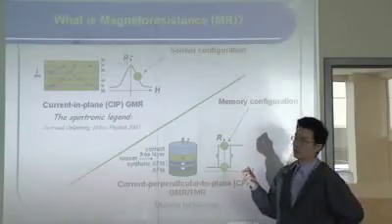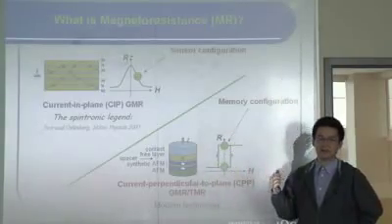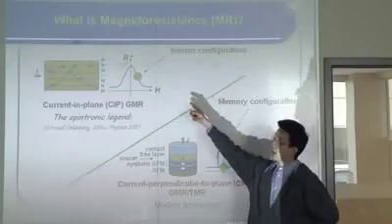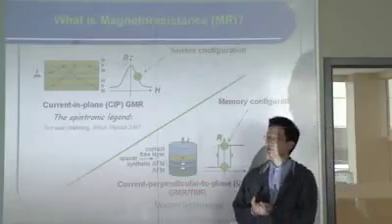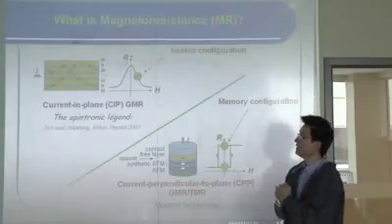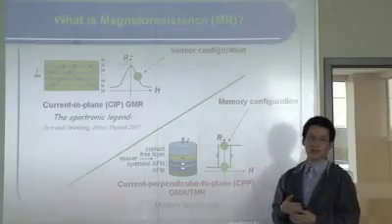The sensitivity of a SQUID is roughly 10 to the minus 15, while for the GMR and TMR heads, it is roughly 10 to the minus 10. So approximately 5 orders of magnitude worse than the SQUID. But the advantage is these devices can perform at room temperature and far beyond.